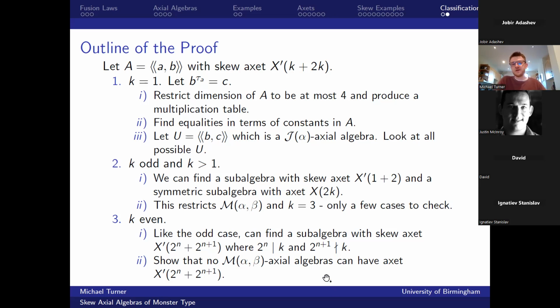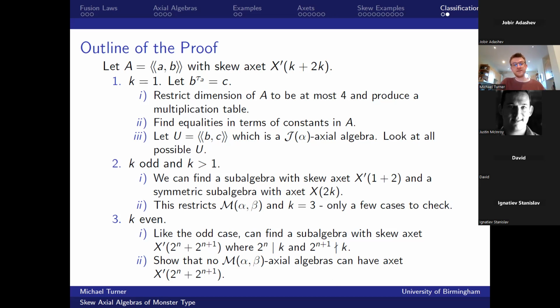For k even, then kind of like the odd case, we can find a subalgebra with a skew axet. However, instead of 1 plus 2, we've got this 2^m plus 2^m plus 1, where 2^m is basically the largest power of 2 that divides k.